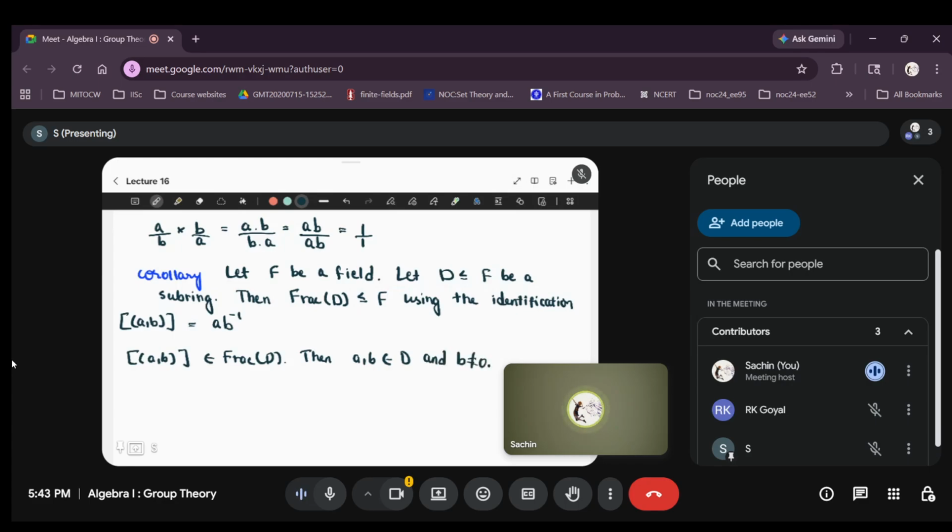Since b is not a zero element, b inverse belongs to F. By closure, a b inverse belongs to F. So if you identify the equivalence class containing a comma b by the element a b inverse, then this frac D will be a subset of F.